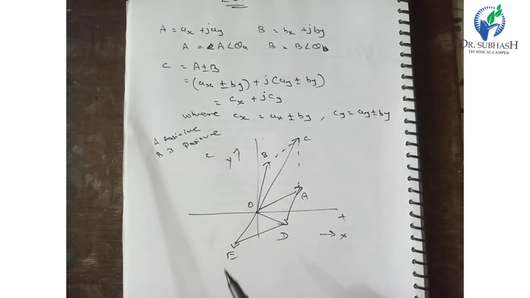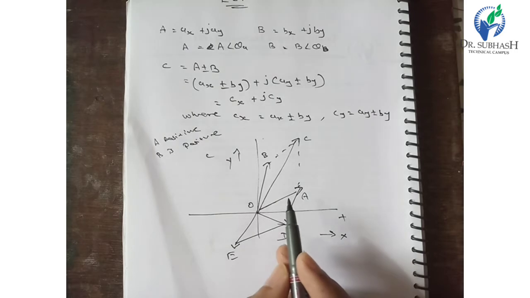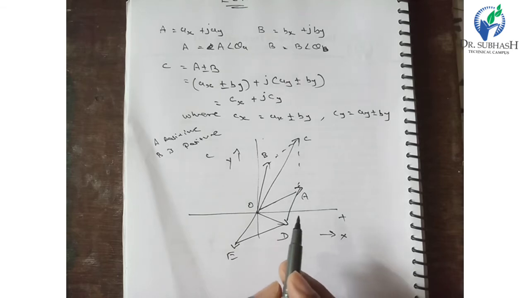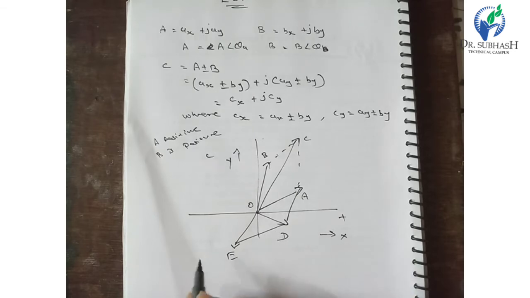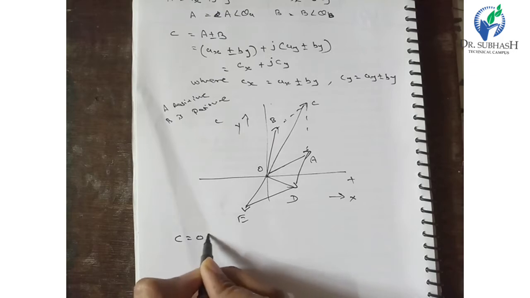A line AC is drawn equal and parallel to OB. The line BC is equal and parallel to OA. Thus, we can write the value C is equal to OC.